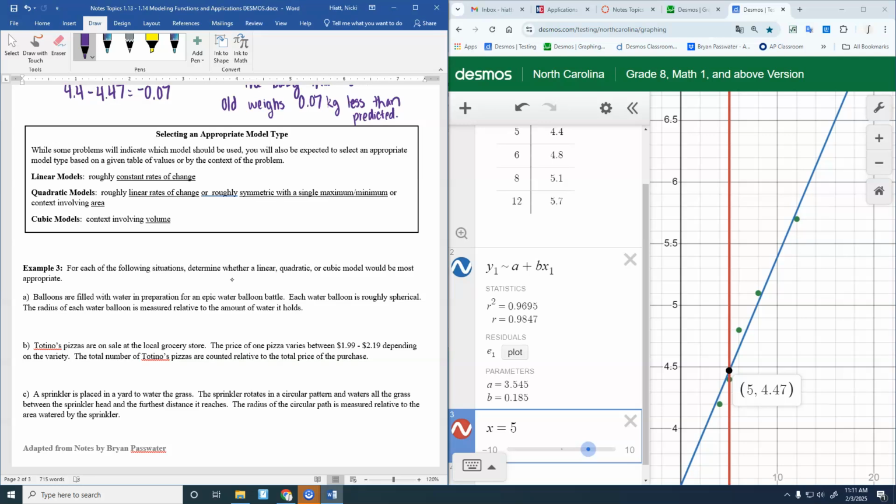And here it hit the floor. Oh, that might be it.